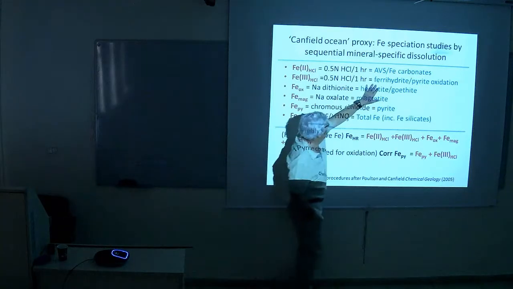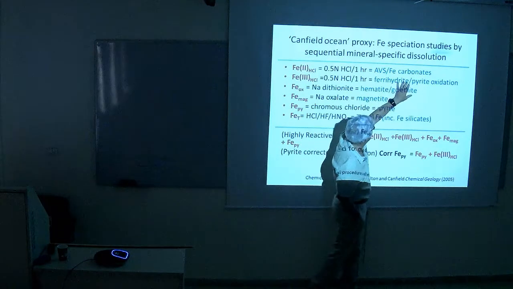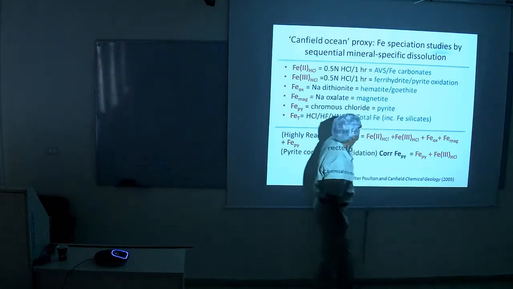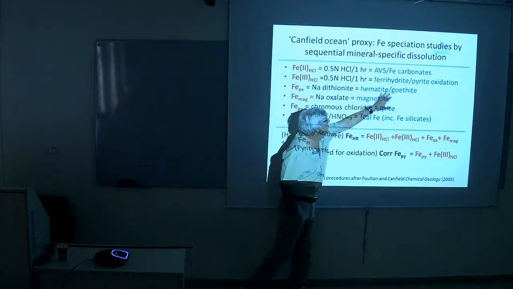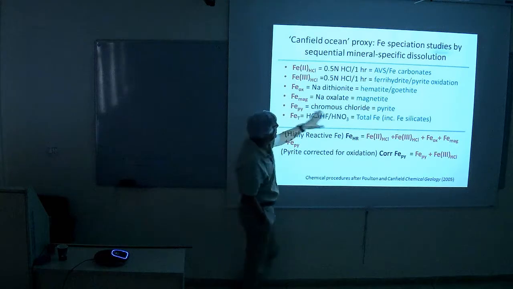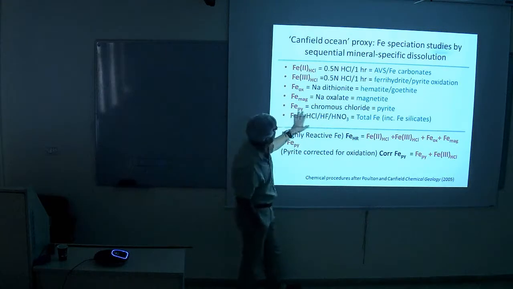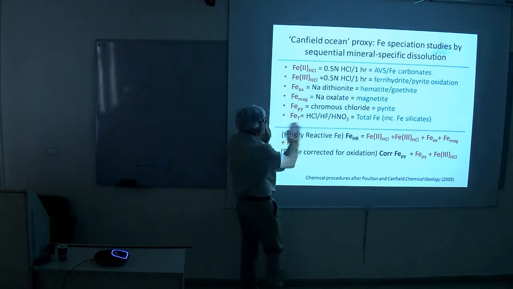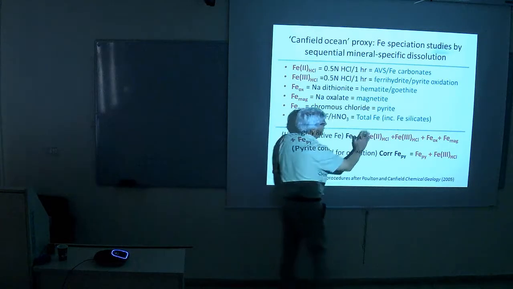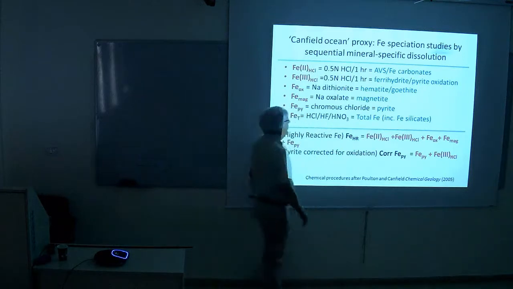Fe3HCl is either a very unstable mineral called ferrihydrite or oxidized pyrite. FeOx would be hematite and goethite. FeMag would be magnetite. FePy, extracted with chromous chloride, would be pyrite. And then you have the total analysis, which is everything, including any iron silicates.